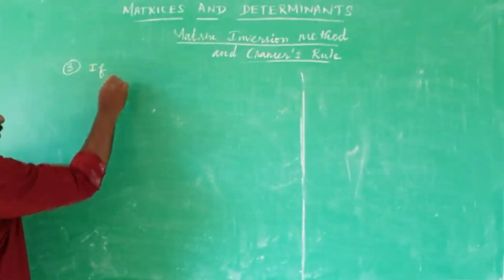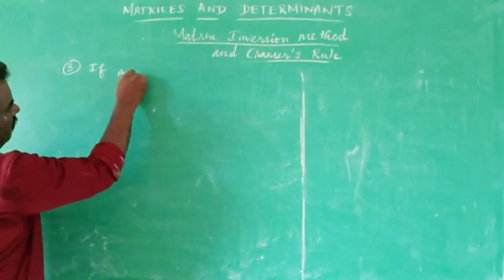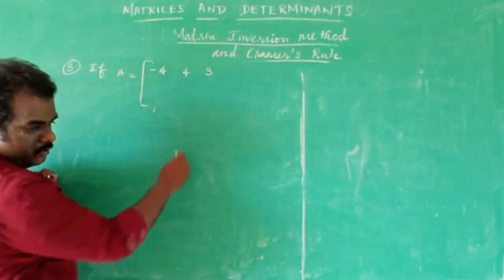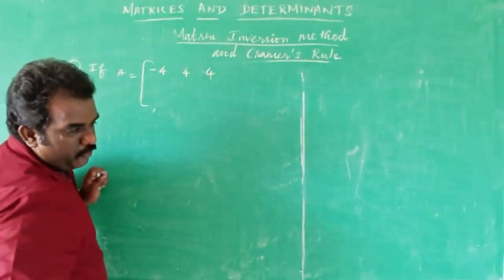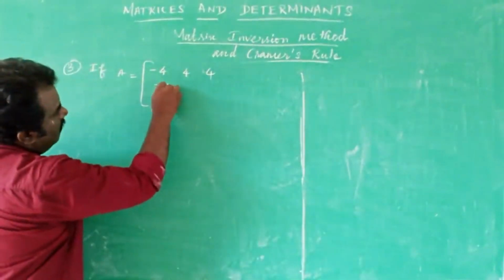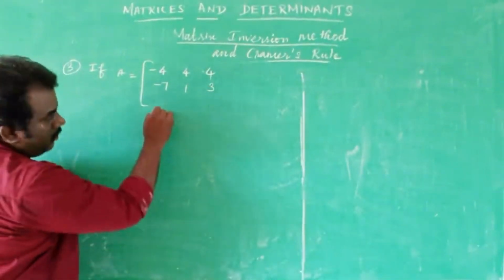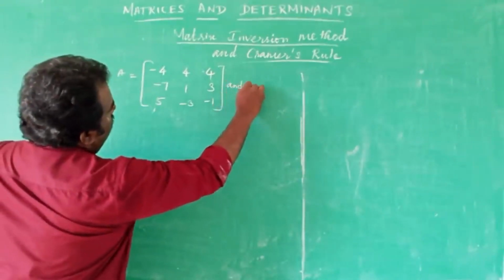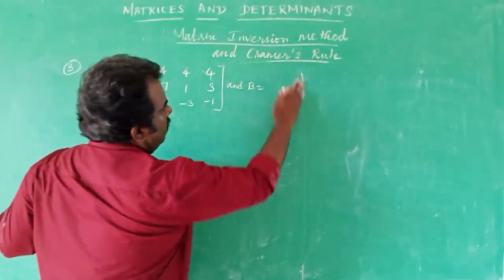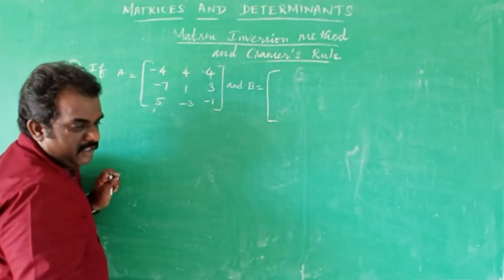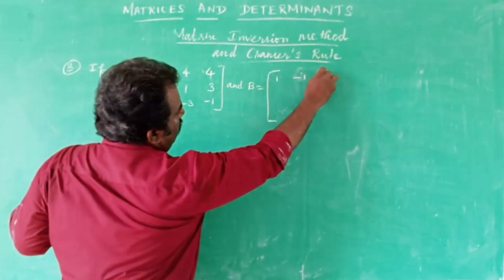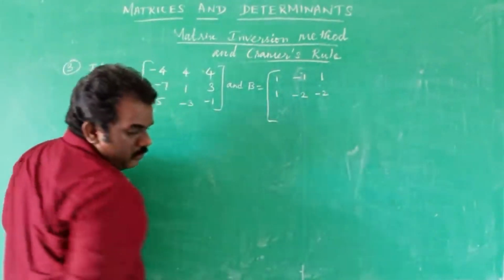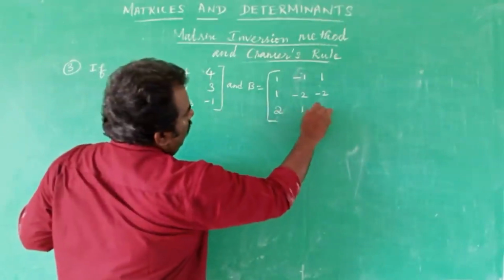Sum number 3. If A is equal to the matrix minus 4, 4, 4; minus 7, 1, 3; 5, minus 3, minus 1, and matrix B is equal to 1, minus 1, 1; 1, minus 2, minus 2; 2, 1, 3.